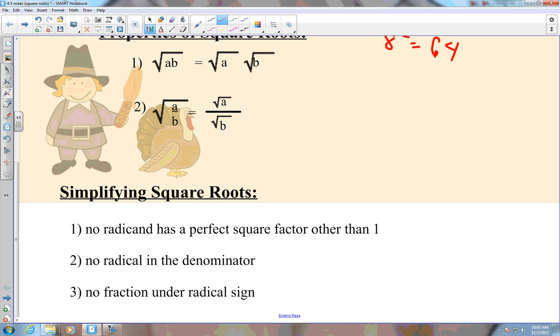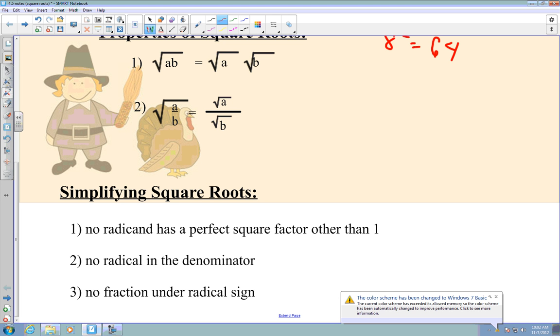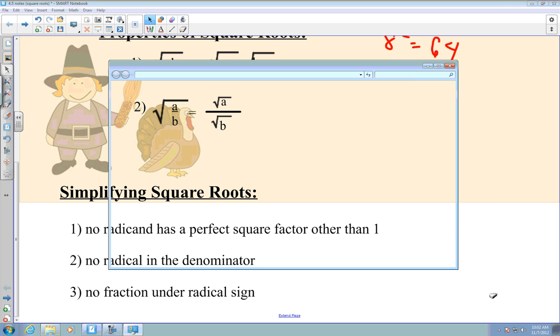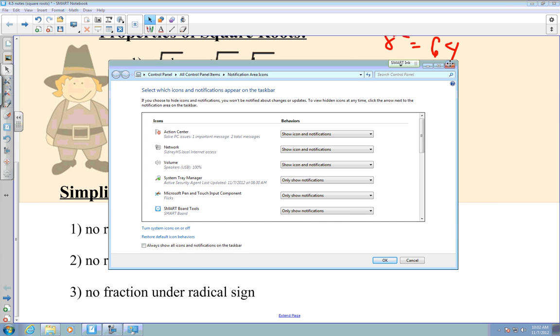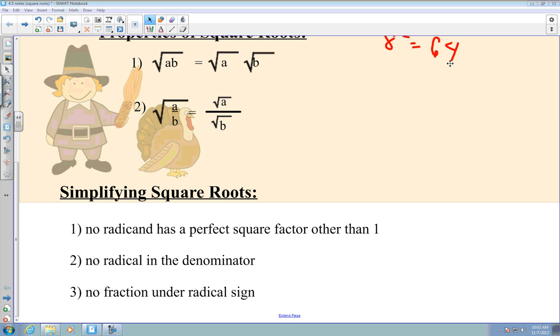Number 2, in every simplified square root, no radical will be in the denominator. Number 3, no fraction will be left under the radical sign. So we'll look at examples to see what we're talking about on each one of those.